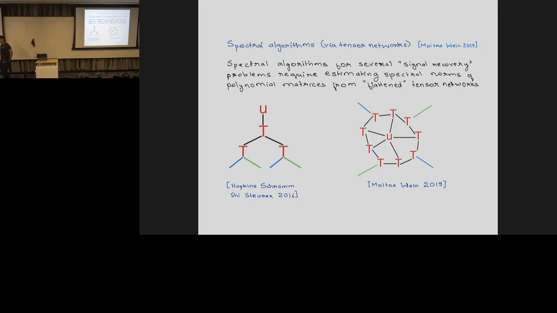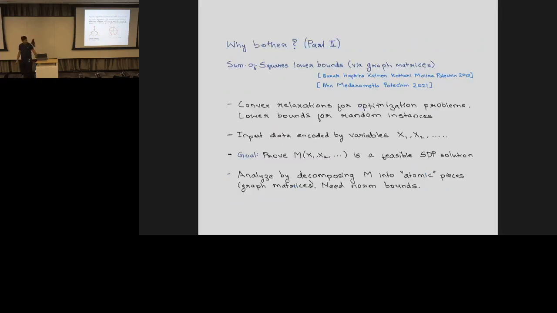At the end of the day, you are interested in estimating the spectral norm of this matrix at the very least, but maybe some more things. So these are the low degree polynomials that show up in some spectral algorithms. Okay. Questions? Okay. This is just an elaborate thing to show that low degree polynomials show up. I'm not really going to use this particular polynomial anyway.